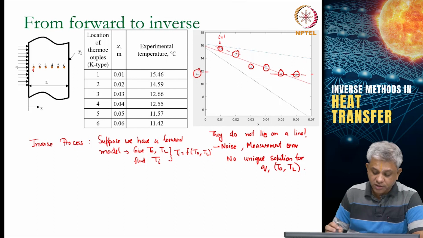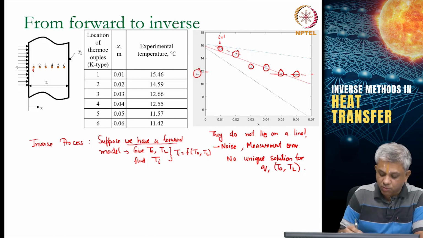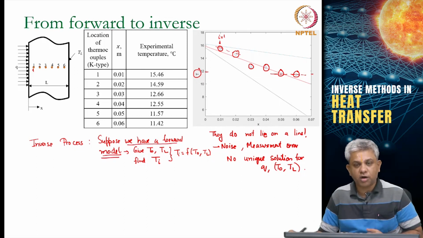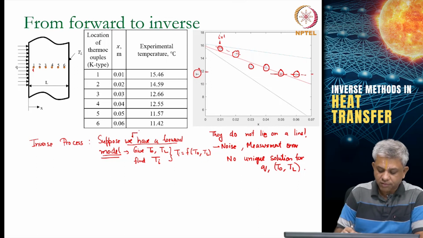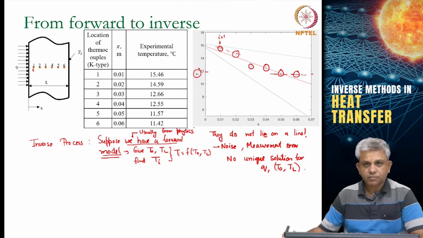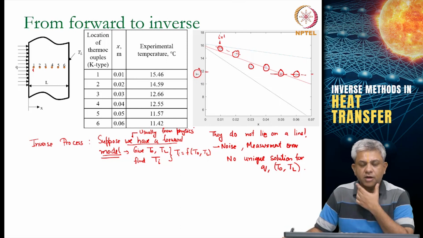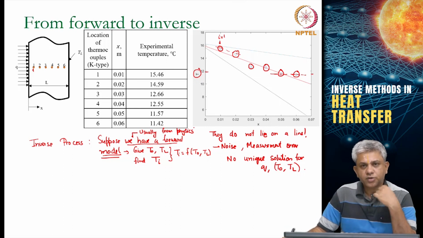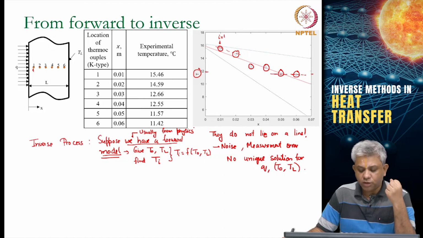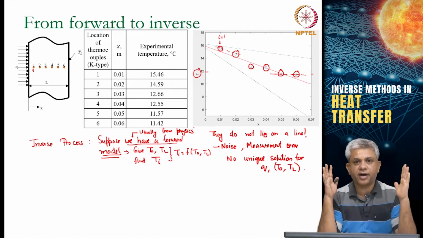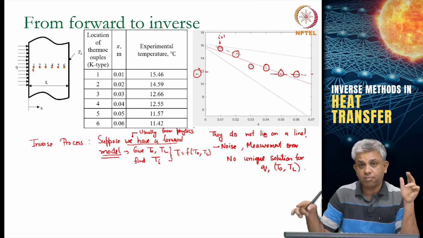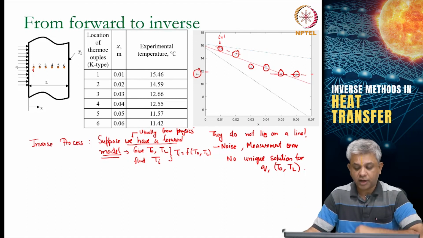So this is the model we have. How do we have this model? Usually from physics, which we will see a little bit later today. From the physics of the problem, you actually know that given the left and right temperatures, I can find out what the temperature distribution is going to look like.